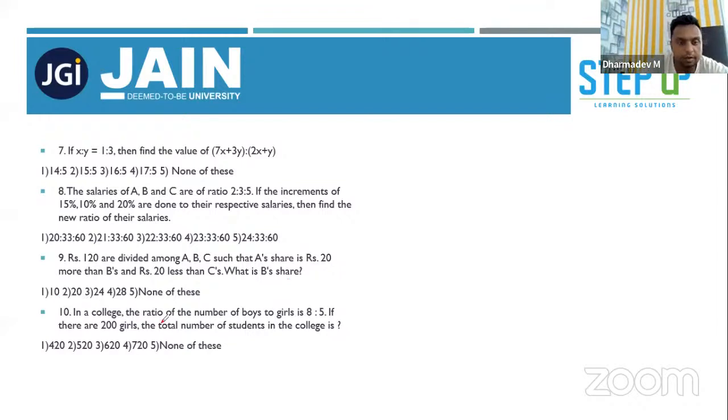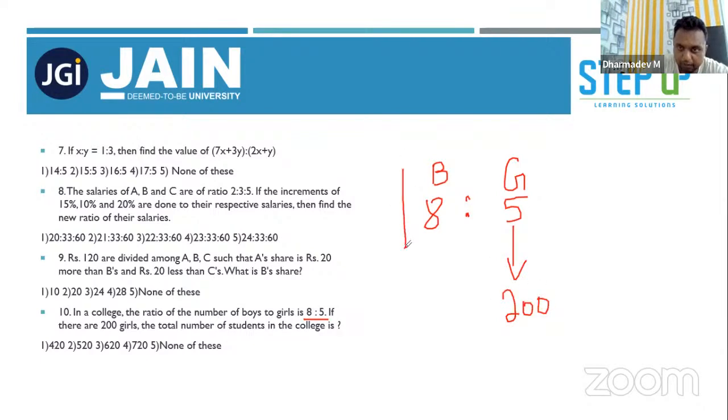In a college, the ratio of the number of boys to girls is 8:5. That means boys are more, the girl population is less. If there are 200 girls, what is the total number of students?